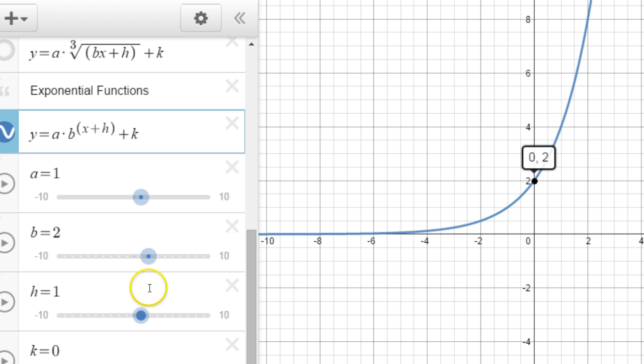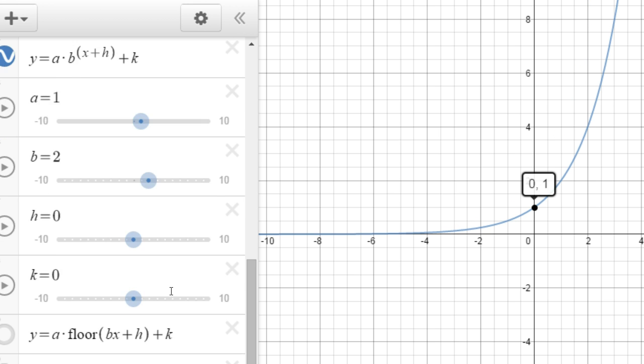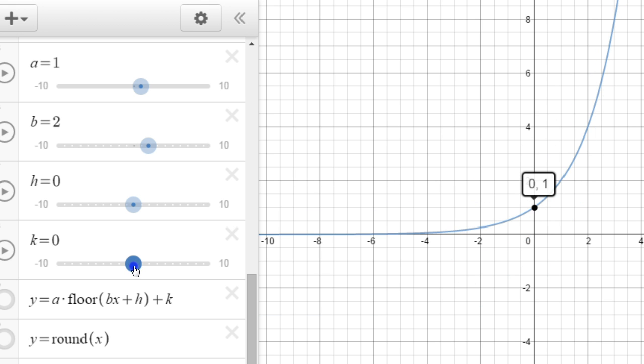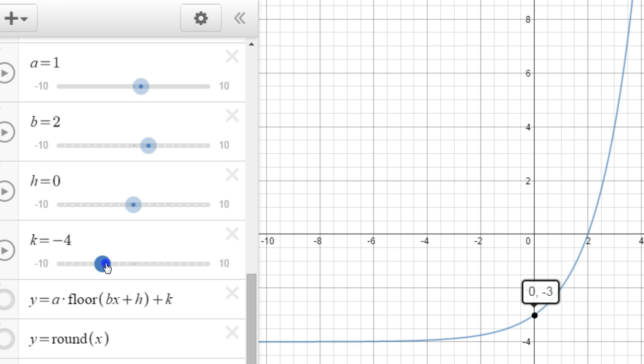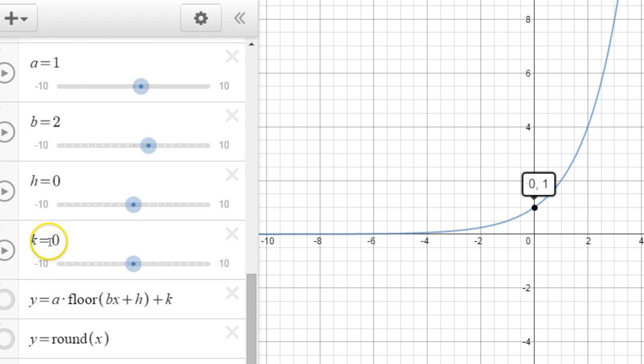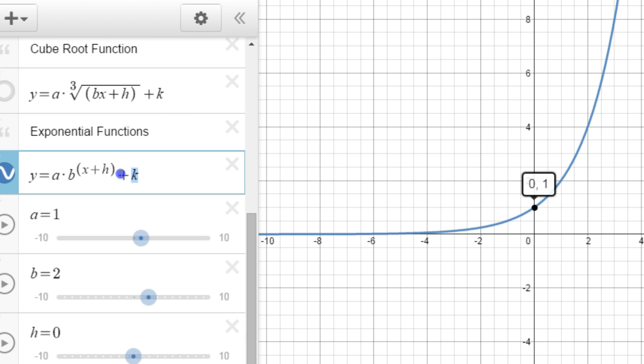You know, I mean, it's increasing the exponent by 1. Okay, let's move it back. Alright, now k is going to control the movement up or down. It actually controls the asymptote, the vertical shift. So whatever the number is being added at the end, that's going to be your asymptote for the exponential functions.